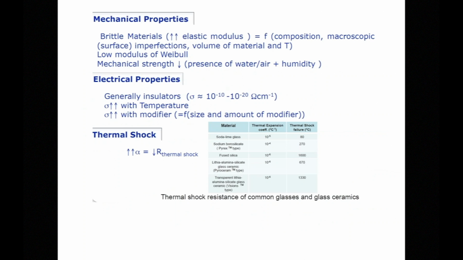And again, here are some of the properties of glass. They are brittle materials, therefore very high elastic modulus as a function of composition, low mechanical strength. Okay, they're generally insulators, but you can modify some of these properties with different types of conducting additives.